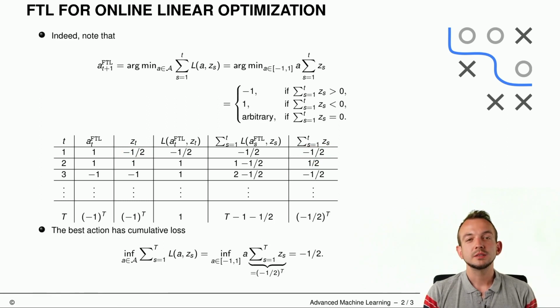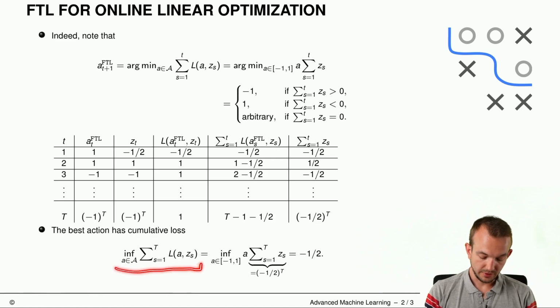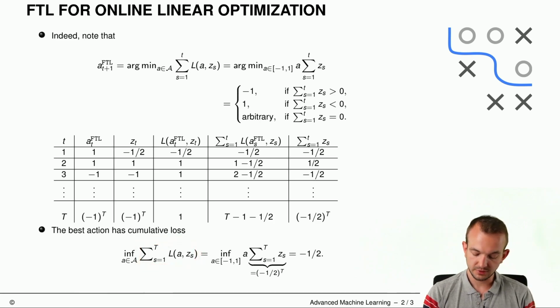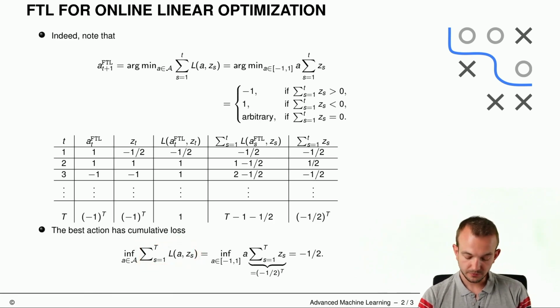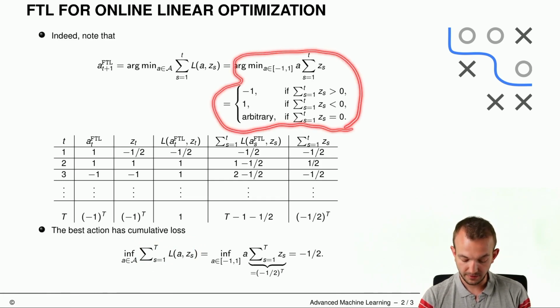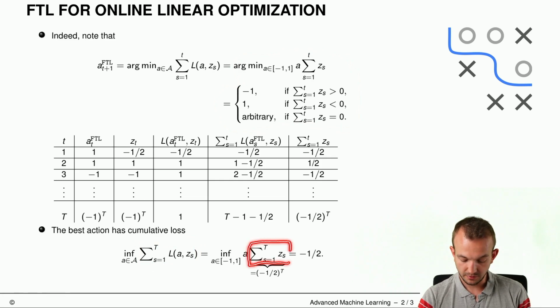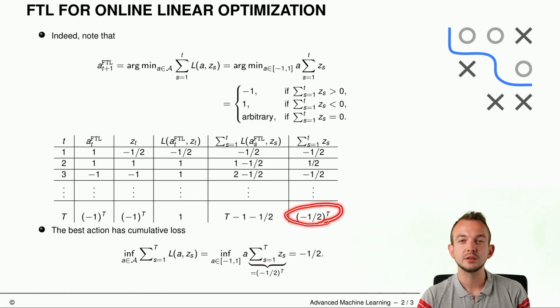What would be the best action in hindsight? Well, we have to find the infimum over the action space A of the cumulative loss for all of these actions. And well, it's essentially the same consideration as here before. So we have here the sum over the environmental data points, which will be, after reaching the time horizon t, -1/2 t.